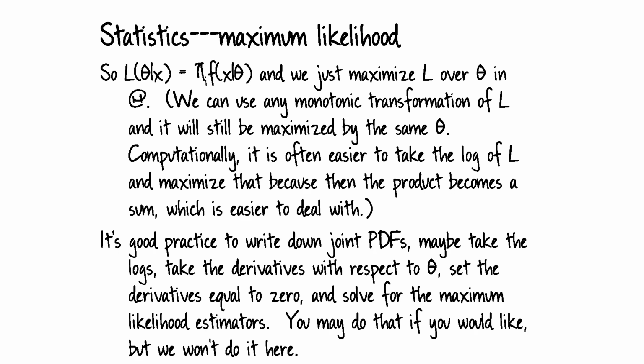You certainly can do that. We're not going to do it here. Instead, I'm going to do a couple of examples that are unusual in that they can't be solved this way because their maxima are not at a point where the likelihood function is differentiable, and also we don't have to get bogged down with all the computation. So I think they're easier examples to show you.